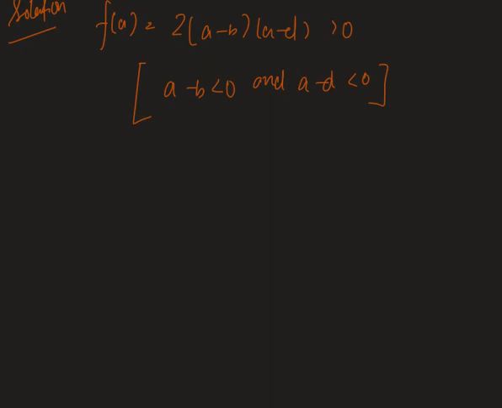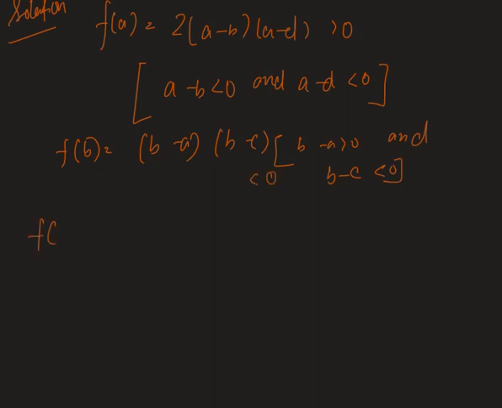Now, f(b) equals (b minus a) into (b minus c). As b minus a is positive and b minus c is negative, therefore f(b) is negative. And f(d) equals (d minus a) multiplied by (d minus b). As d minus a is positive and d minus b is also positive, therefore f(d) is also positive.